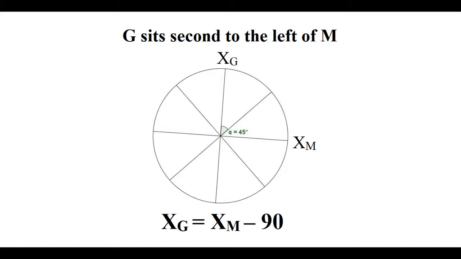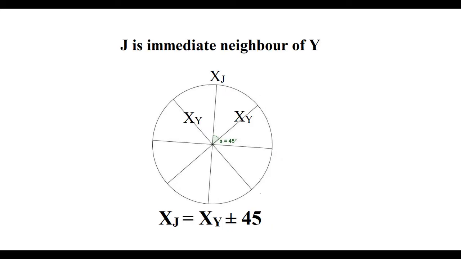Now if we look into this example, our condition is that J is an immediate neighbor of Y. As per our diagram, if we consider X_J at the top, then on either the left or the right position there could be Y. So we start with X_J is equal to X_Y plus or minus 45.